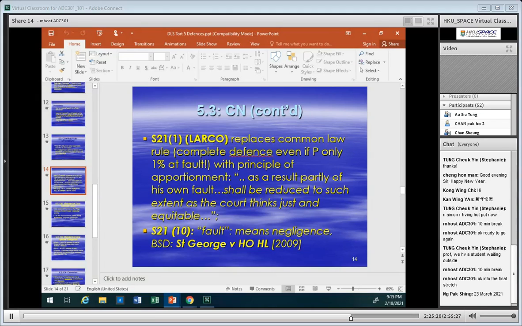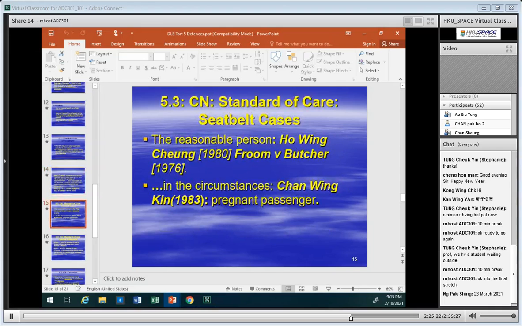Okay, and then getting on to the must-know cases, Ho Wing Chung is a must-know case, because it says the standard of care for a plaintiff is relevant, and a reasonable plaintiff would wear a seatbelt if it was available. But don't forget Chan Wing Kin. It doesn't mean you have to wear a seatbelt all the time.